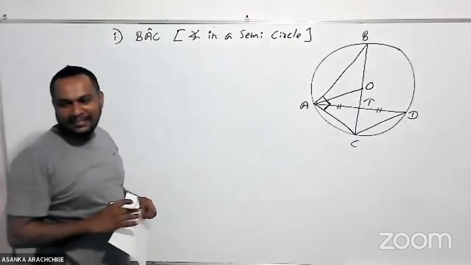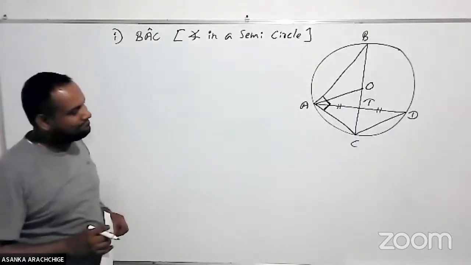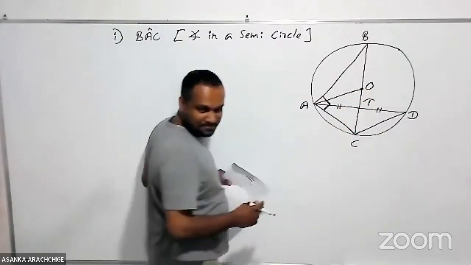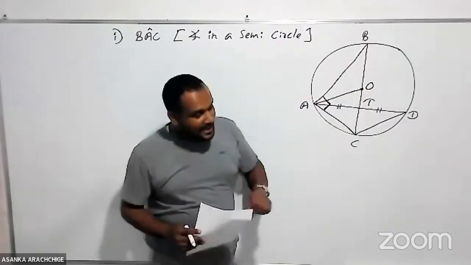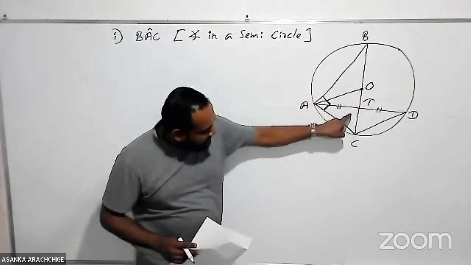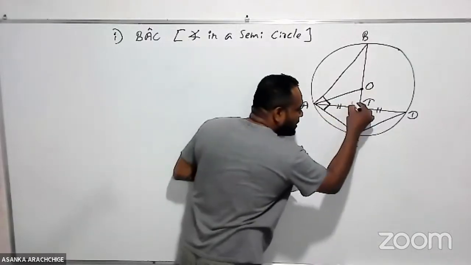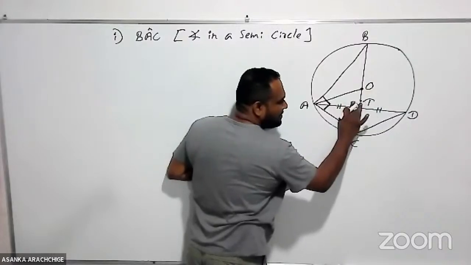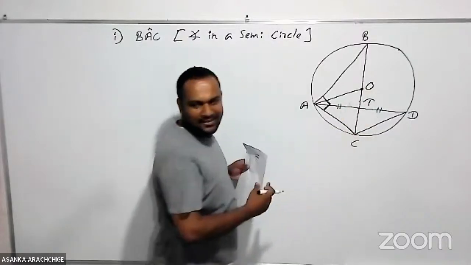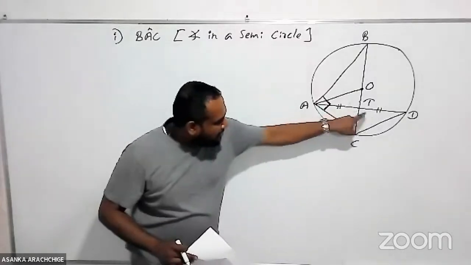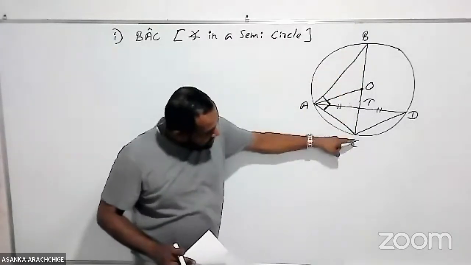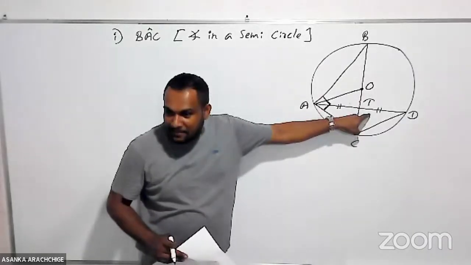What is the other right angle? Look, this is the center. We are given that T is the midpoint of the chord, because we are given that BC bisects AD.